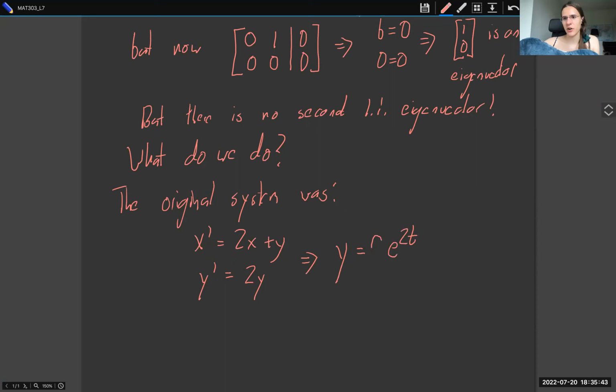Yeah. So perfectly formally, if you want to do it formally, you get dy over y is equal to 2 dt, right? So log y is equal to 2t plus log c. So y is equal to c e to the 2t, right?